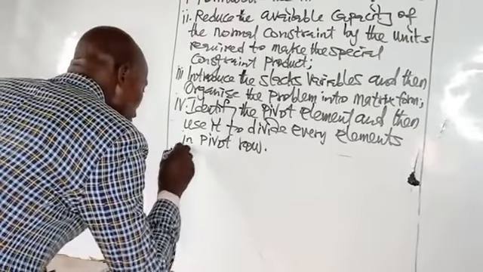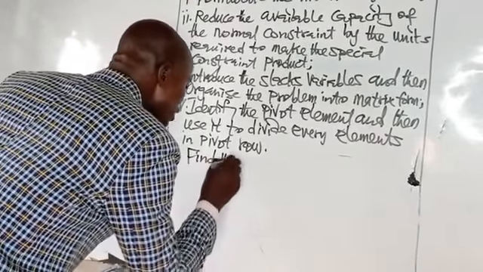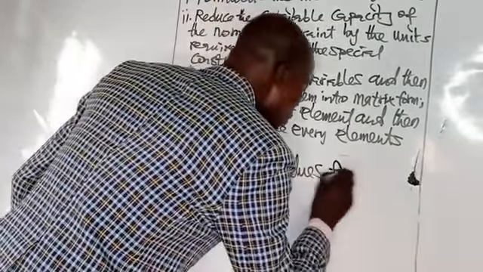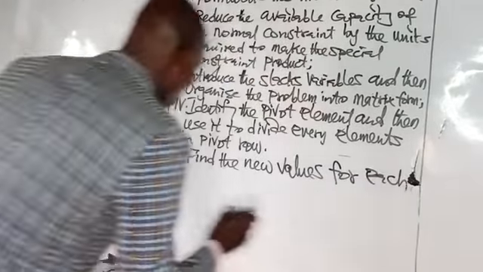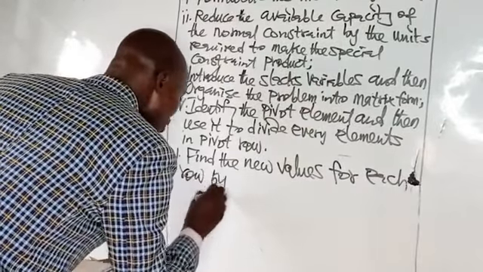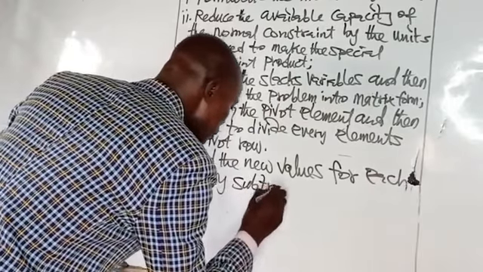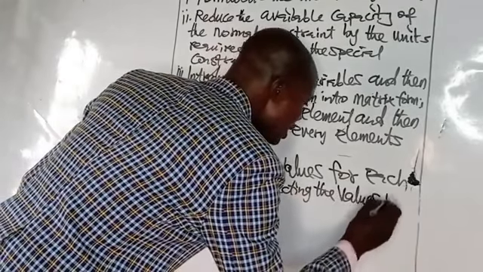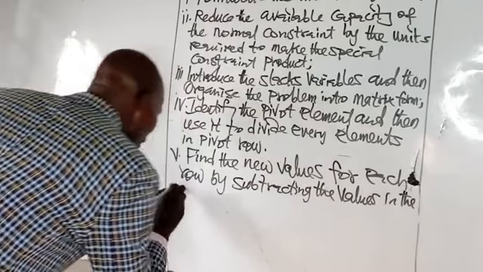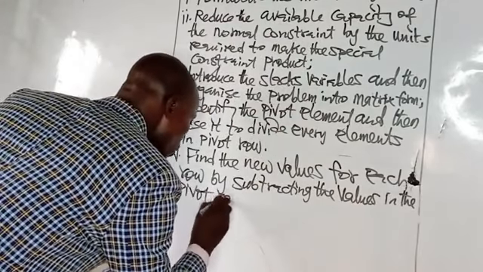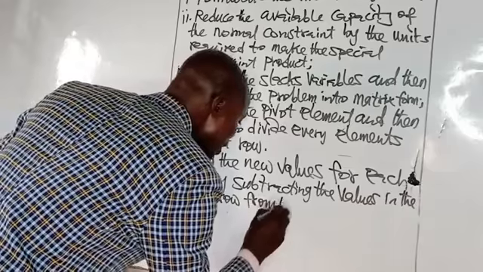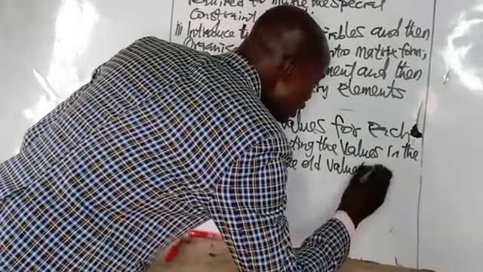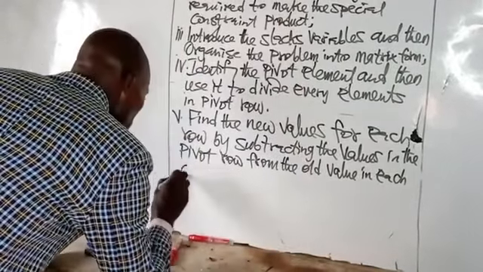Step 5. Find the new values for each row by subtracting the values in the pivot row from the old values in each row.